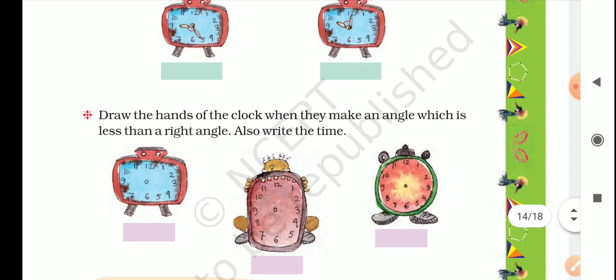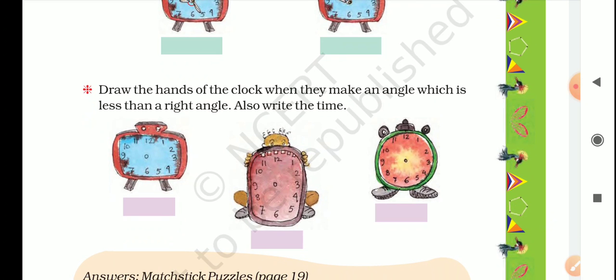Now next, draw the hands of the clocks when they make an angle which is less than right angle, and also write the time. As you have done in our previous exercise about right angle, I have drawn one right angle in your clock, and the other two I have given you in your homework. That only you have to do here, but here you have to draw an acute angle.